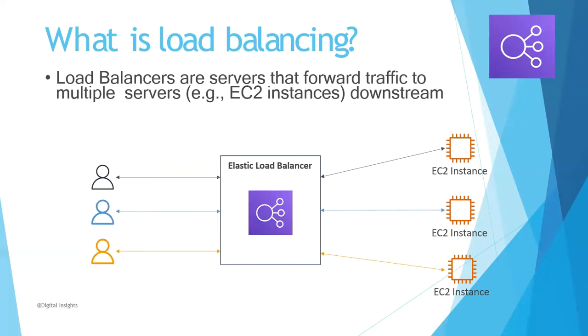Even if any EC2 instance fails, the Elastic Load Balancer is smart enough to know that that EC2 instance is down, and I don't have to forward the traffic to that EC2 instance in my background, right? So whatever EC2 instances are up and running, all the requests will be forwarded to those EC2 instances in the back of the load balancer. Clear?